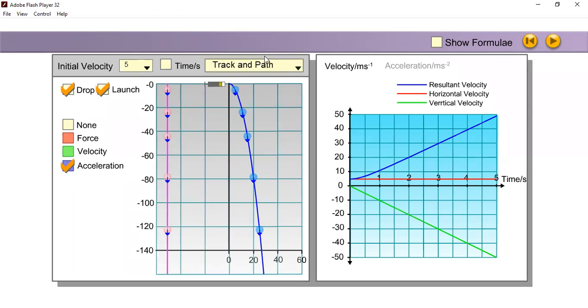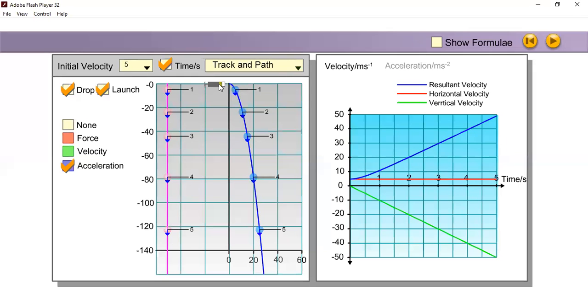The time taken to fall is the same as for the object falling straight. The resultant velocity keeps on increasing. The vertical velocity is a negative value, but constant. Here will be the horizontal velocity.